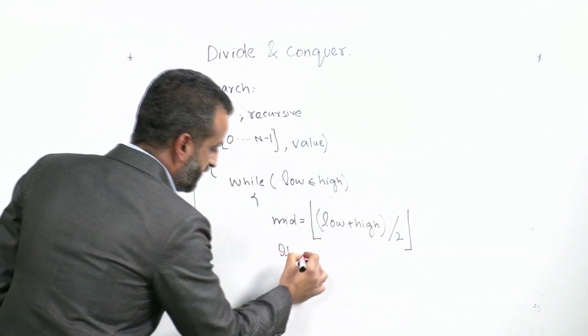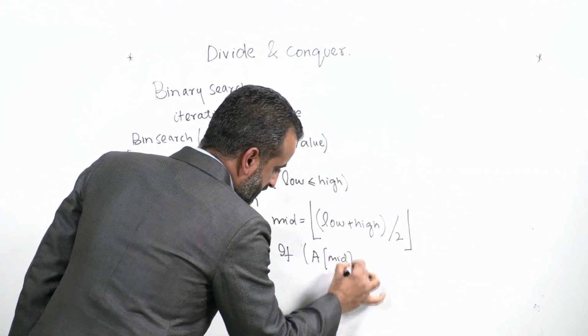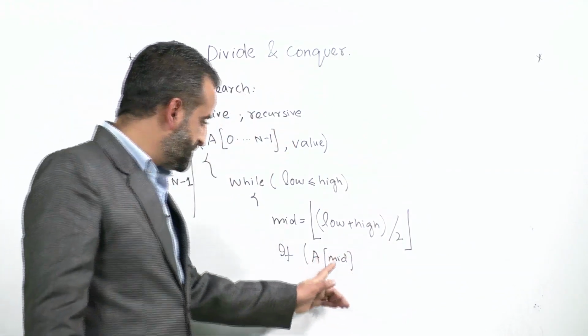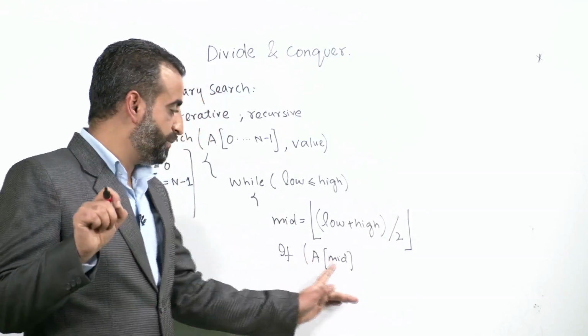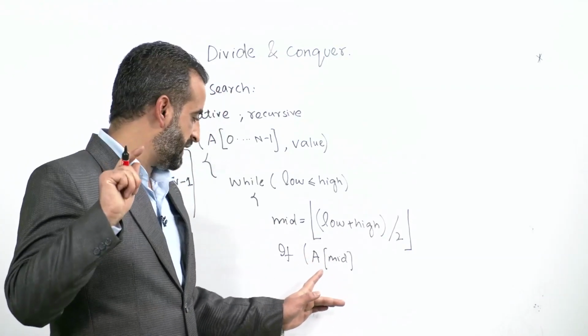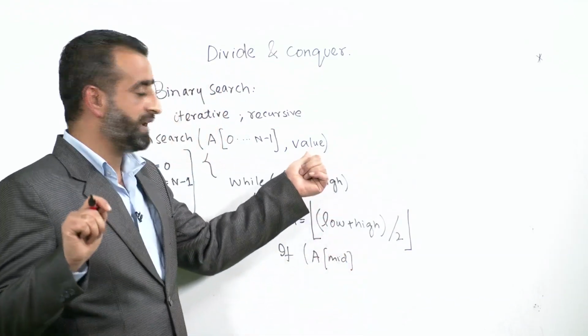So for my array, now students, remember that the mid here is a pointer that's pointing towards a certain location. A of mid is the value that's at that particular location. I compare that value A of mid with the value that I'm trying to search.